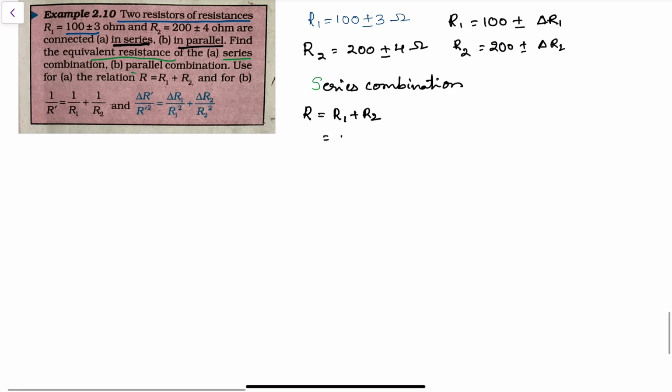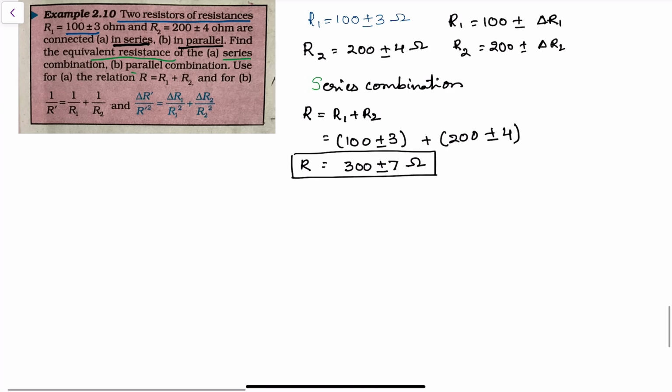How do I write? R1 is 100 plus or minus absolute error, plus 200 plus or minus 4. So I can directly write 100 plus 200, 300 plus or minus 7 ohm. This is the resultant resistance in the series combination.